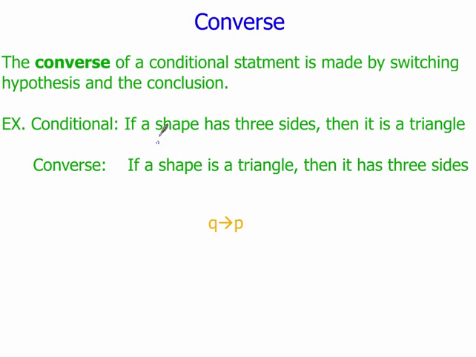Remember, symbolically the conditional is if P, then Q. So if I take the conditional statement, if a shape has three sides, then it is a triangle, to make the converse, all I do is take the conclusion and make it the hypothesis, and take the hypothesis and make it the conclusion. So our converse is, if a shape is a triangle, then it has three sides. And that's represented by if Q, then P. All we do is simply switch the orders.